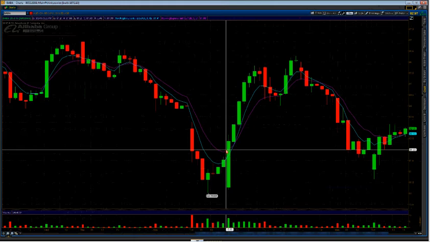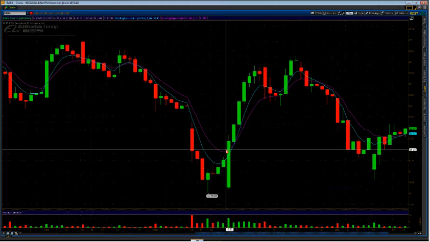But because the 9 never started curling up, this one red candle sometimes will cause that 9 to do what if it hasn't started curling up yet? It's only flat, hasn't gone anything but flat, and now we're falling again. What could happen? The 9 would be pointing down.